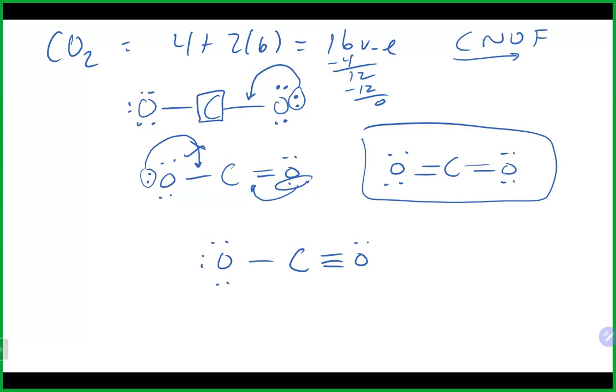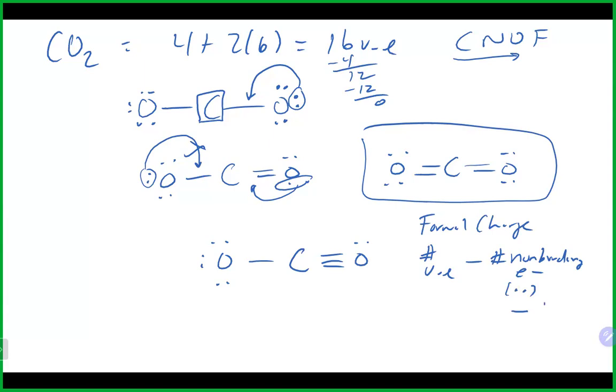For example, if we were to calculate the formal charge, which is essentially the charge on each of these atoms based on how they're bonded together, to calculate what's known as formal charge, you take the number of valence electrons in the atom, you minus the number of non-bonding electrons, which are the dots basically, right?